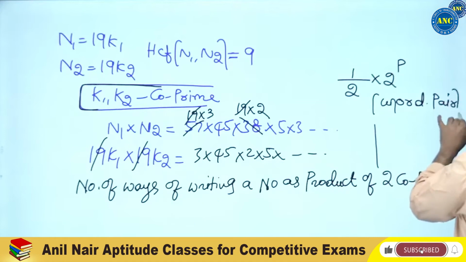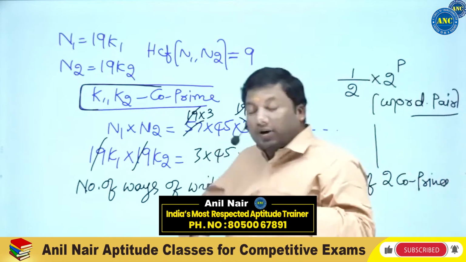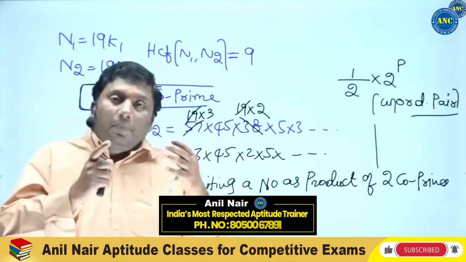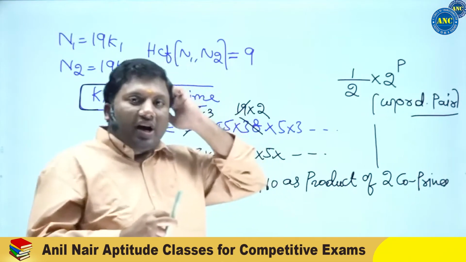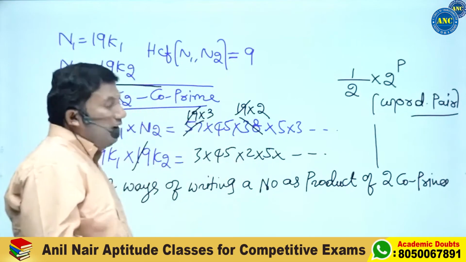What is an unordered pair? A, B is equivalent to B, A. In an ordered pair, reverse also matters. For an unordered pair, it is half of 2 power p.